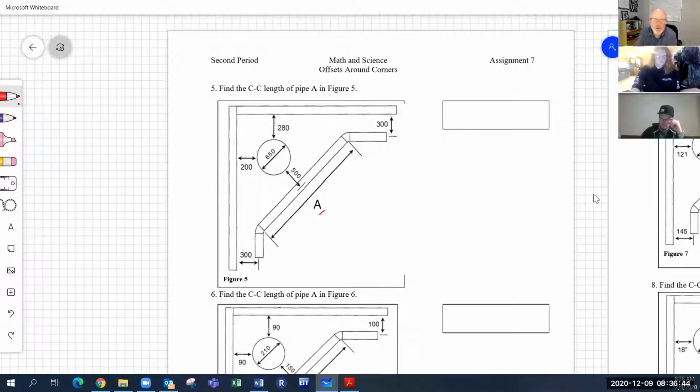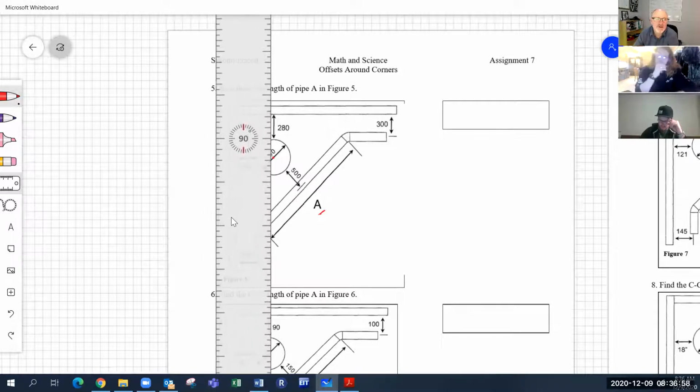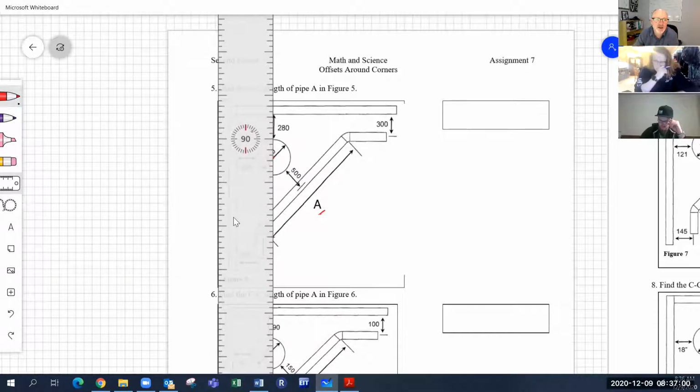So anytime we don't have our measurement from the corner, what we do is we start from the center of the obstruction or that object in the middle. And what I do is I draw a line parallel to the wall, the outside walls, right down to the pipe. So I'm going to draw a line right here.